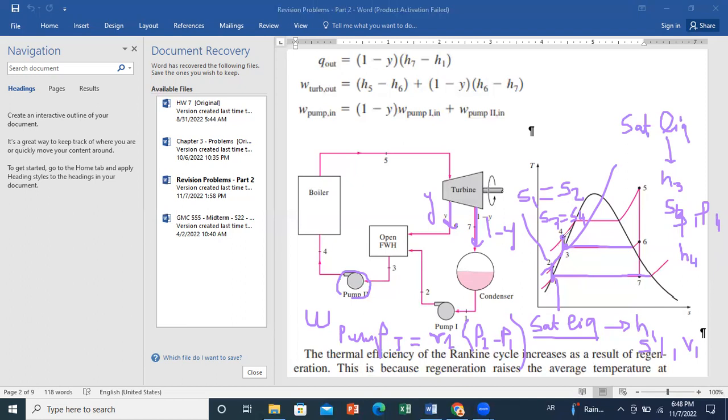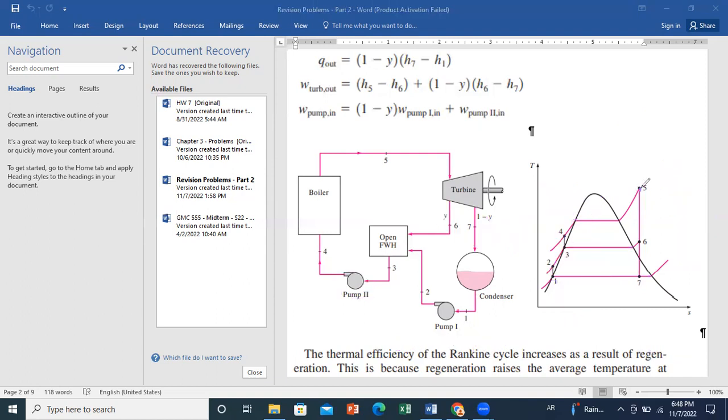I can also determine the power input from 3 to 4 in the same way I did for stage 1. So W pump 2 is equal to V3 times P4 minus P3. Now for point 5, how can I characterize point 5? What do I need?